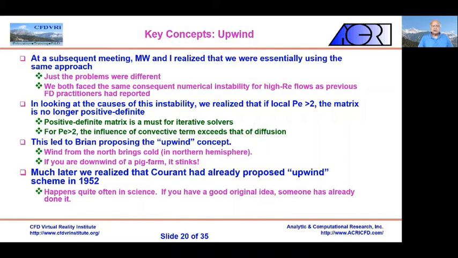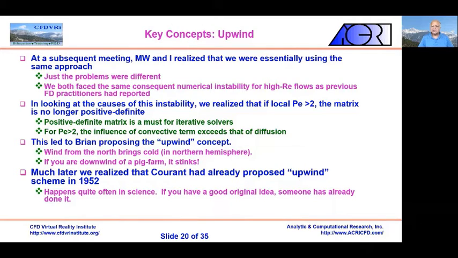After a subsequent meeting, Brian got me and Wolfstein together, and we realized that we were essentially using the same approach. Our problems were different. We also realized that we were both facing the same high numerical instability for high Reynolds number flows. As we ramped up the flow, we would run into numerical instability. In looking at the causes of this instability, we realized that it was dependent upon the Peclet number.